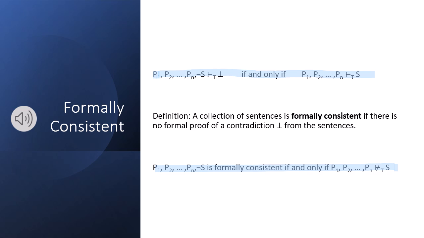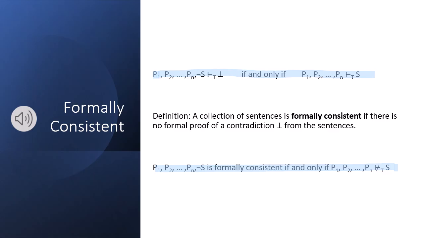So if P1 through Pn and the negation of S is formally consistent, in other words, we could never prove a contradiction, that's if and only if there's not an actual proof of S from the premises P1 through Pn. And again, this is really just rewriting that if and only if statement up on the top in its negated form, right?